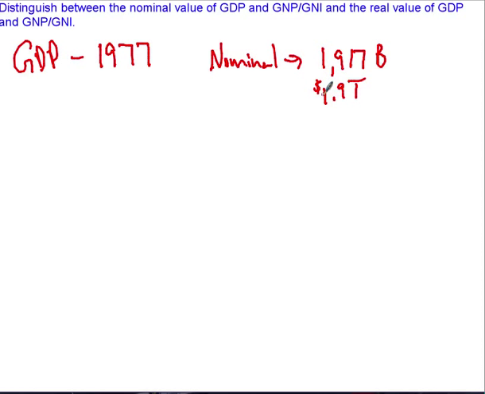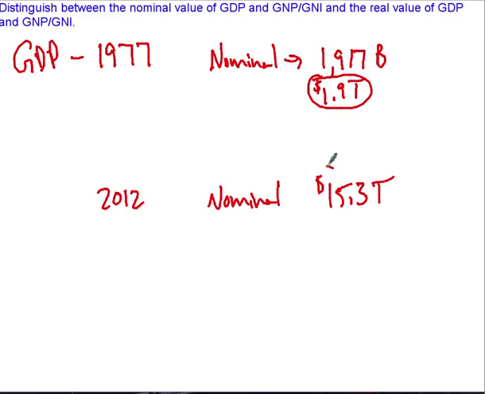And today, in 2012, our nominal GDP is somewhere around 15.3 trillion. So here's the 1.9 and 15.3.